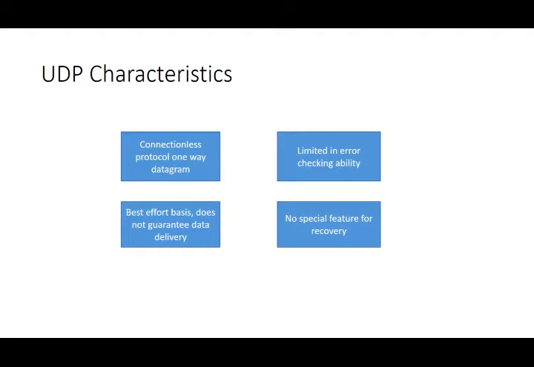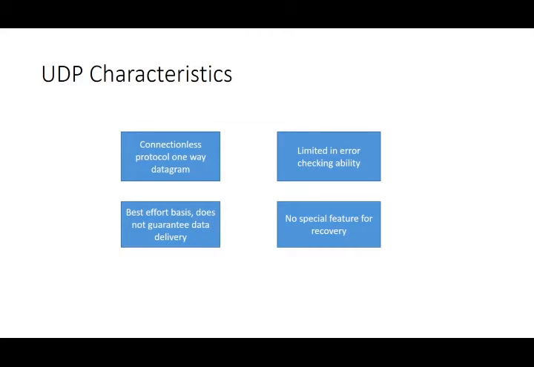Now UDP is sort of limited in its error checking capability. It does have a checksum value that is optional in IP version 4, but it has been made a requirement in IP version 6. In addition to this limited error checking, you should know that UDP is sent on a best effort basis, so there is no guarantee of data delivery.